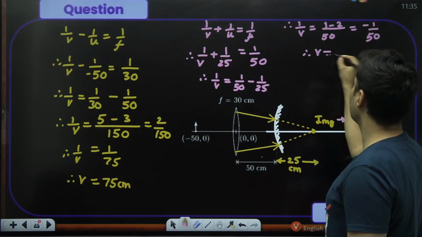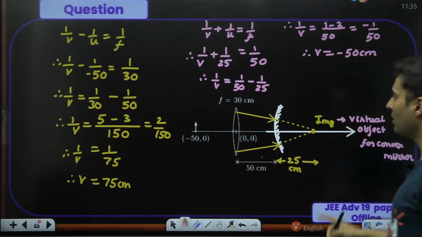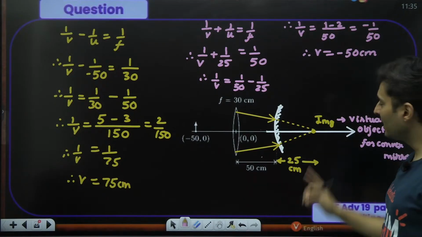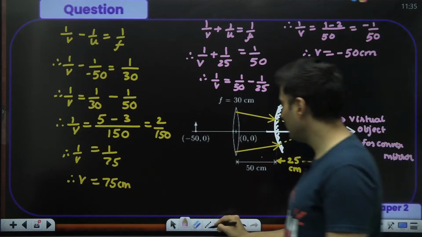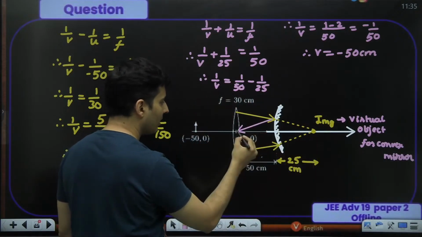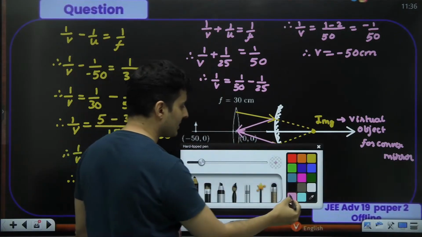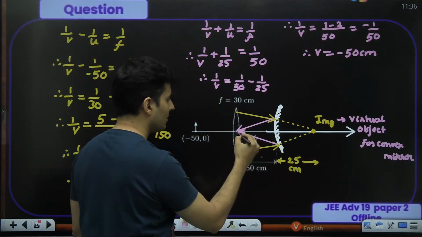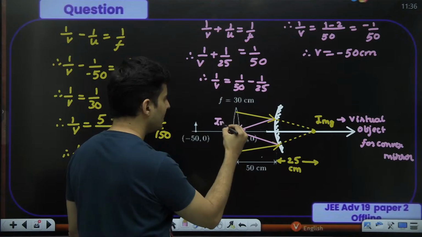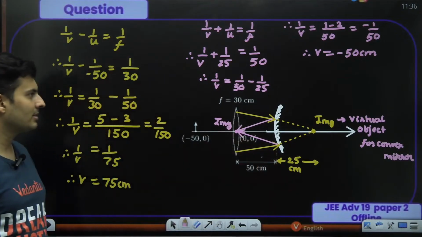So the image distance is -50 centimeters. What does this mean? Image distance of -50 centimeters means the rays are reflecting back and forming the image exactly at the center of that lens. So this is where your final image is formed, exactly at a distance of 50 centimeters.